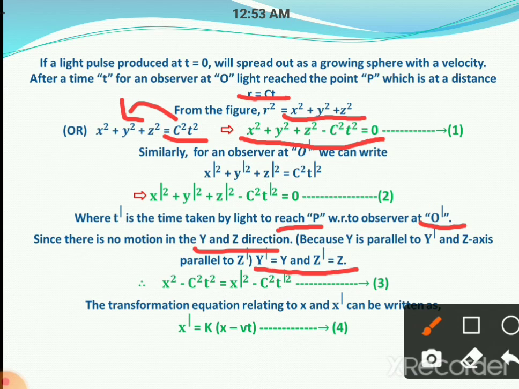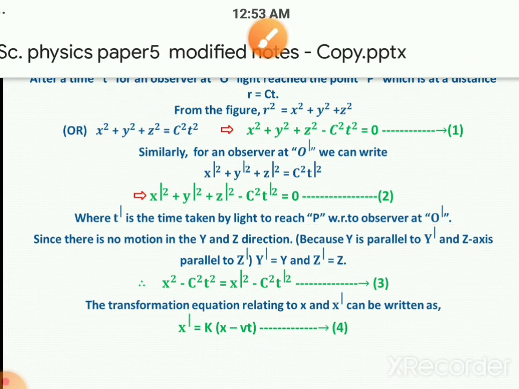The transformation equation relating x and x dash can be written as x dash is equal to k into x minus vt.